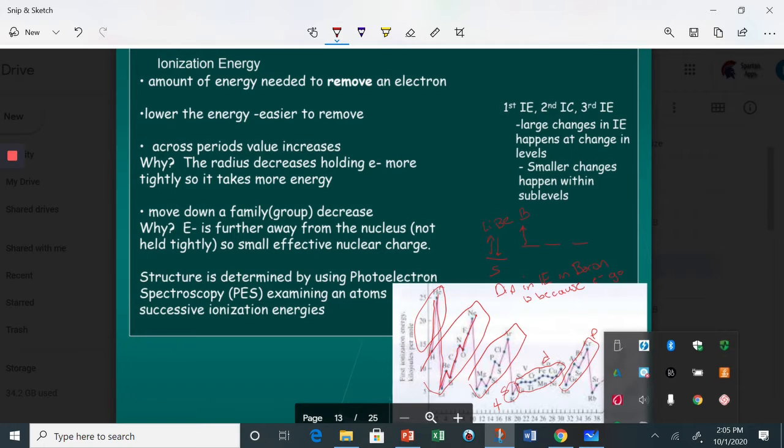They go farther away, higher energy level. Okay, so that's important to note. That's an explanation of what happens.